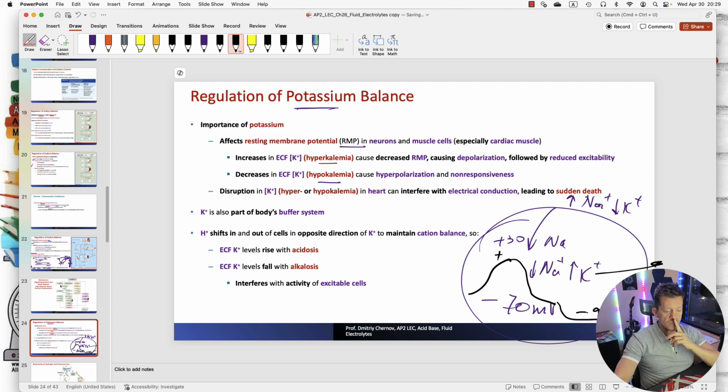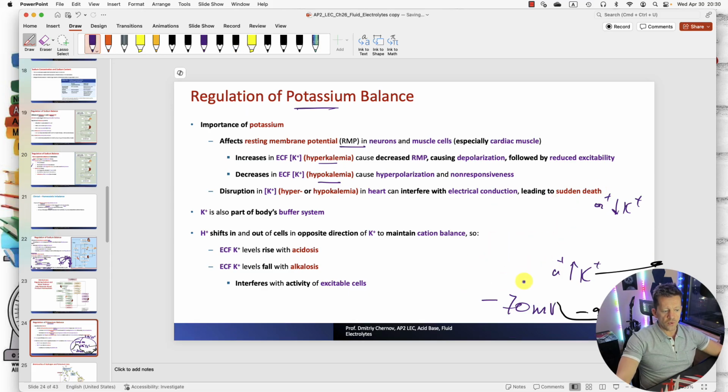So we can establish resting membrane potential, go back to minus 70, so we can reset membrane potential so we can generate another impulse, right? Remember all that. So that was a review of the system. But now we're going to look at hyperkalemia and hypokalemia.